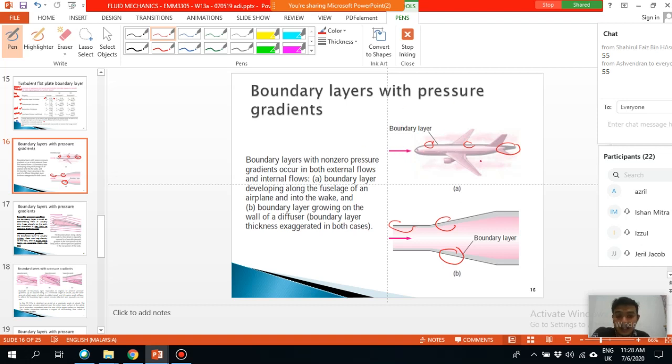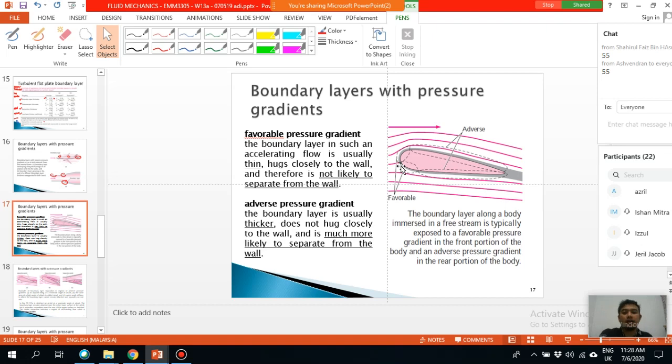Naturally, when you have an aeroplane, there will be boundary layer effects on the body of the wall. So boundary layer with pressure gradient: there is a favorable pressure gradient and also an adverse pressure gradient. The favorable pressure gradient is the boundary layer in such accelerating flow is usually thin.